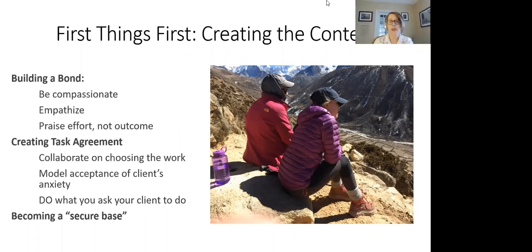So how do we do that, right? So in order to build a bond, for this piece, it's important to be compassionate. And I try to always approach my work with people from this place of great humility, where I'm a partner in the work.